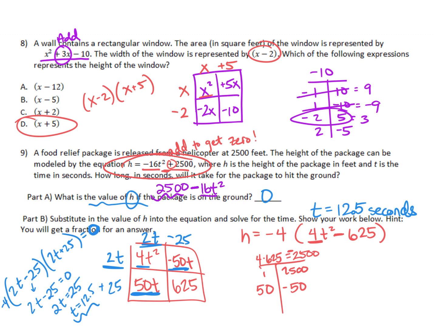To use that shortcut in this situation, it would have been the square root of 2,500, 50, minus the square root of 16, 4, and the square root of t squared. And then your other factor would have been 50 plus 4t. All right, that is a shortcut.